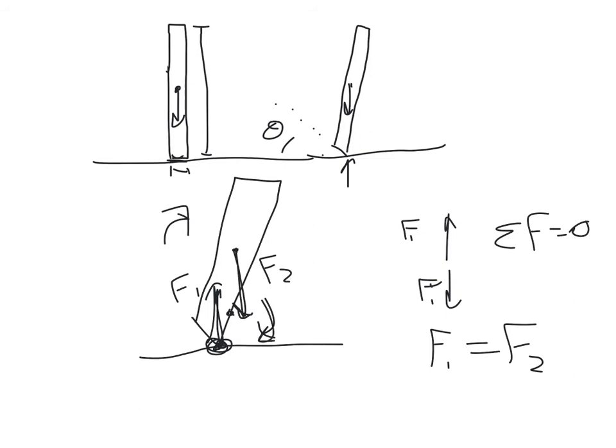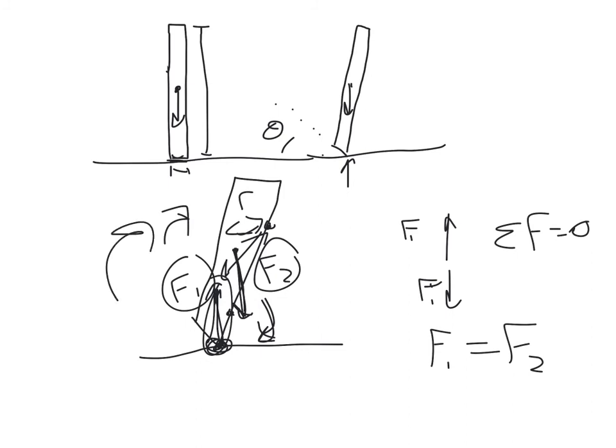If I put the pivot point over here, then remember these forces are the same, this F2 and this F1, but this one is at a smaller radius than this one, and so this one wins, has more torque, and look at it, it's causing this thing to tip over.